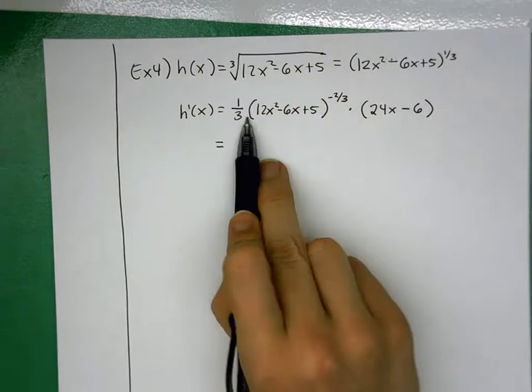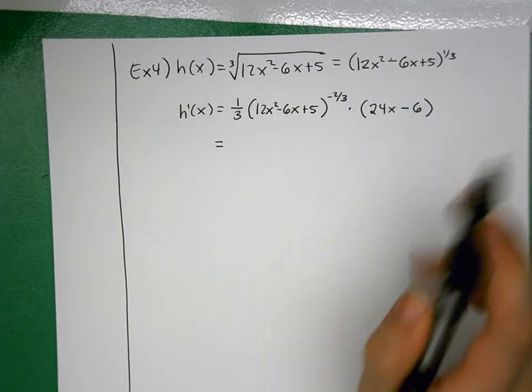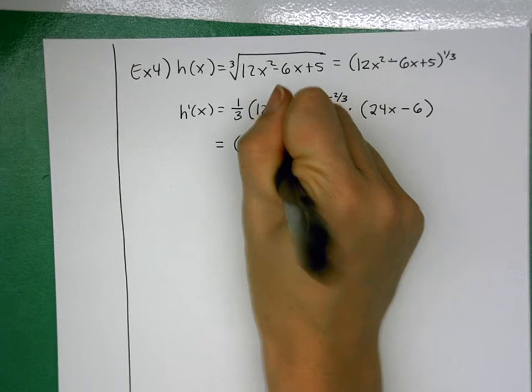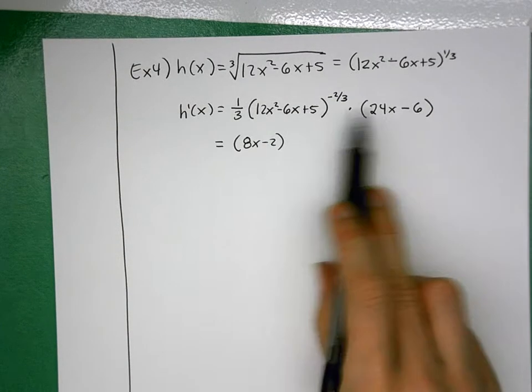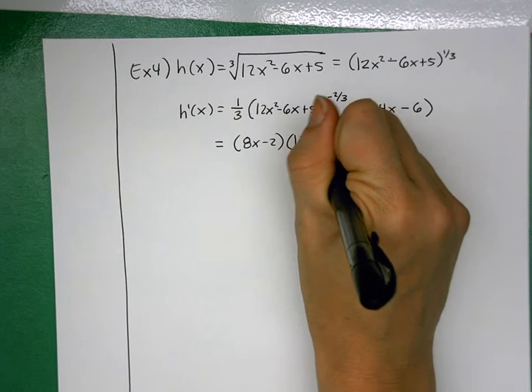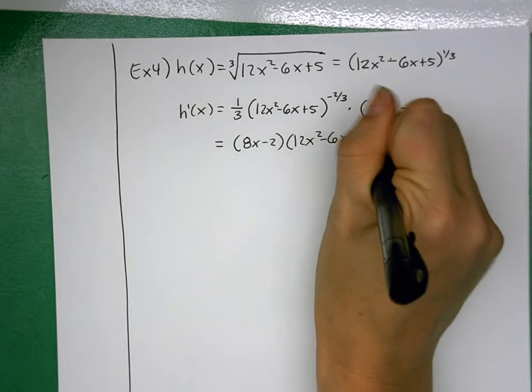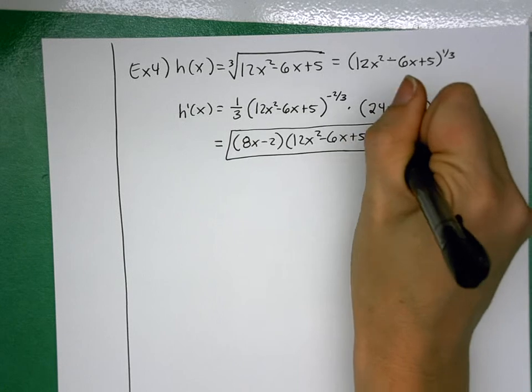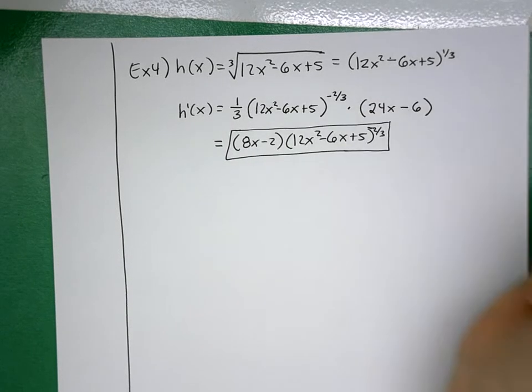This 1/3 does simplify with the 24 and the 6, so we would either have 8x minus 2, right, distributing that in, times 12x squared minus 6x plus 5 to the 2/3. I'm sorry, negative 2/3. A little negative there.